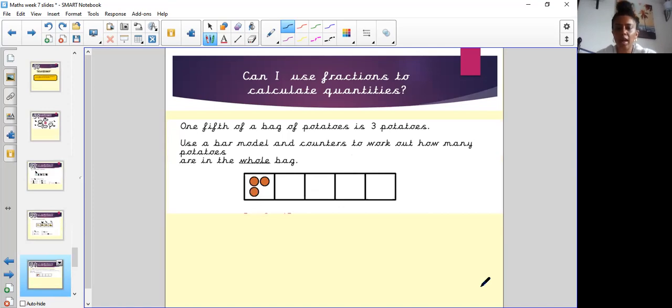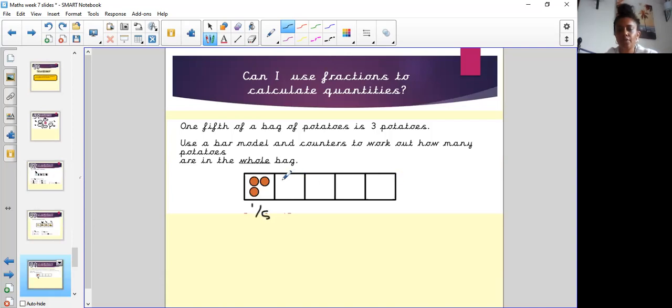So 1/5 of a bag of potatoes is 3 potatoes. Use a bar model and counters to work out how many potatoes are in a whole bag. So that's 1/5 of the bag, and we need to work out the whole bag.